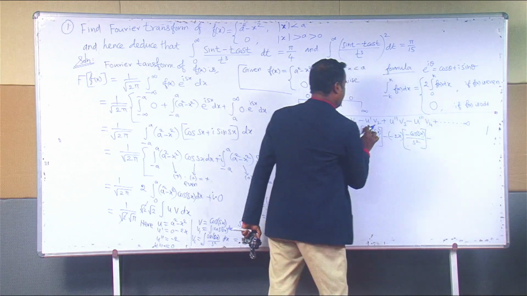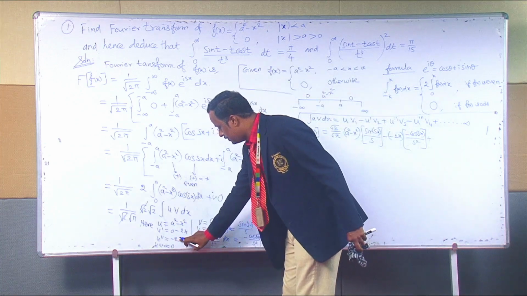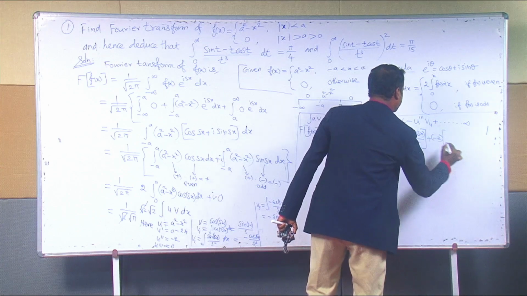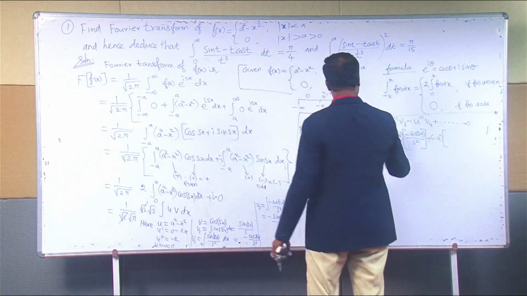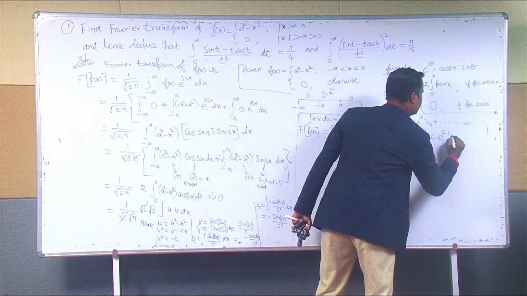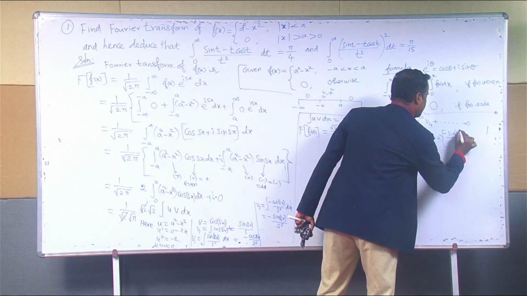Next, plus u double dash. U double dash value is minus 2 into v3. What is v3 here? Minus sin sx divided by s cube.